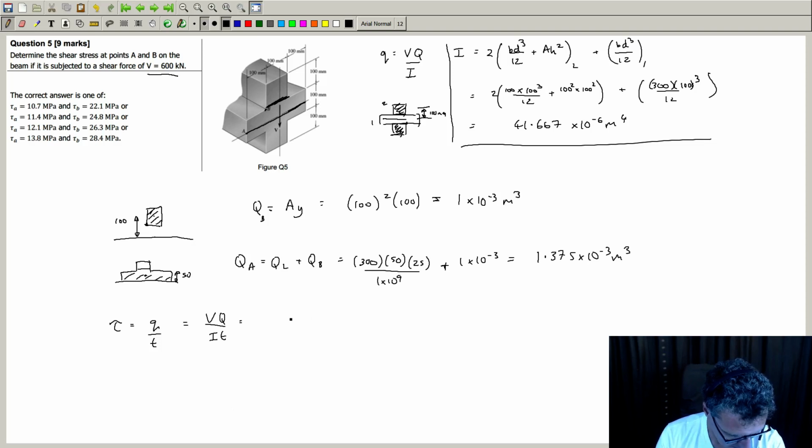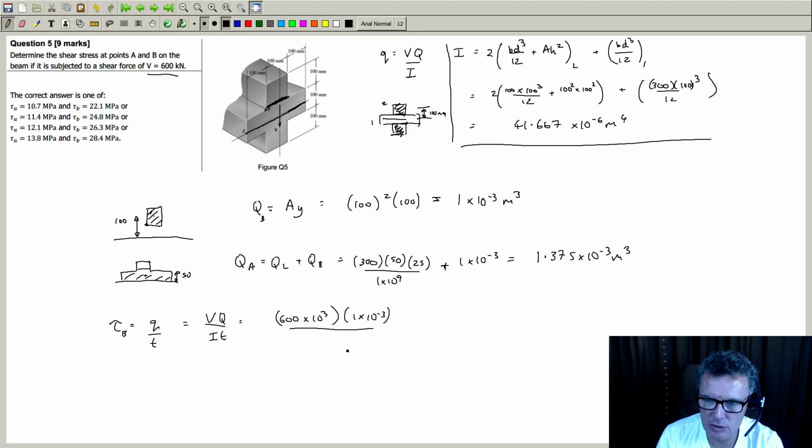So plug your numbers in for the first one. So you've got 600 times 10 to the 3. So working out the shear at B, you've got a Q of 1 times 10 to the minus 3. You've got a width of 100. Well, actually, to put the I down. So the I is the same for both equations.